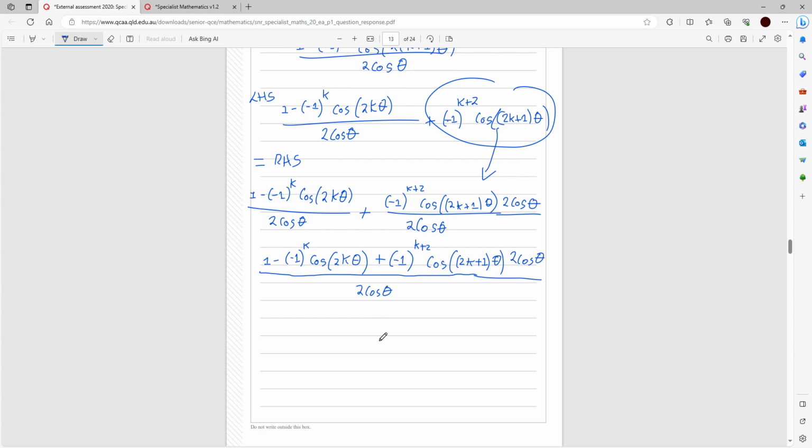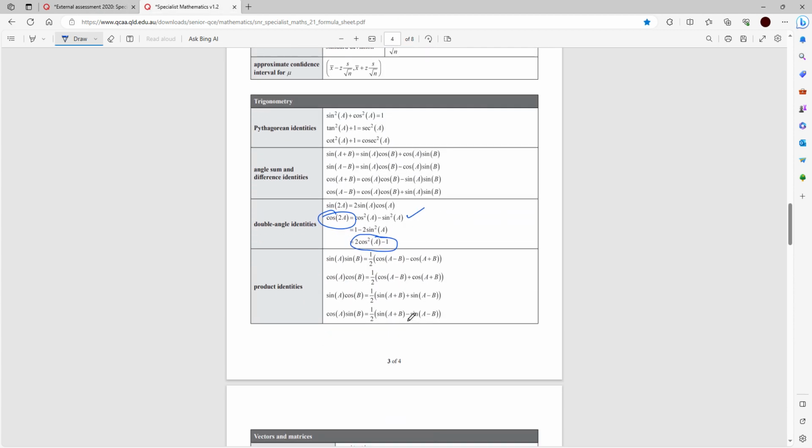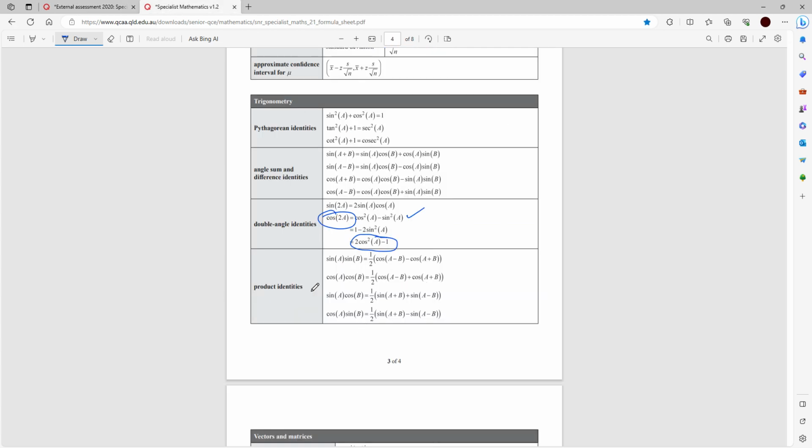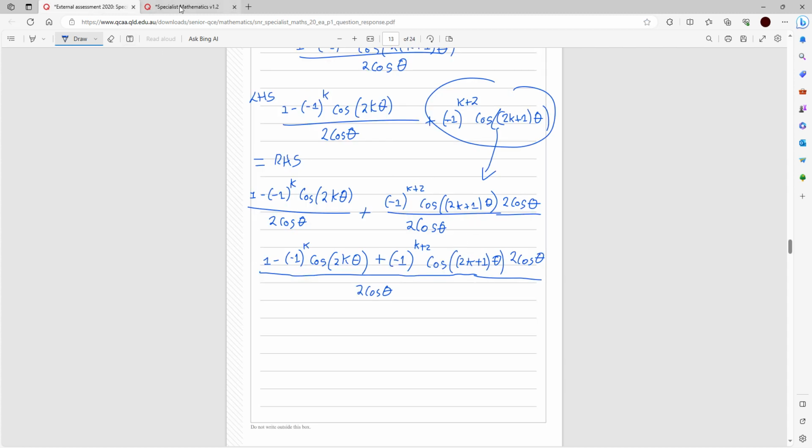Now, to go any further than this, we need another trig identity. So if you recall in our formula sheet, we've got a couple identities here, but the one we want to look at is pretty much this bit here, because we have a cos of an angle times another cos of an angle. So what we want to do is go straight to our product identities and take a look at this one here. Let's try and rewrite this bit in terms of that identity.